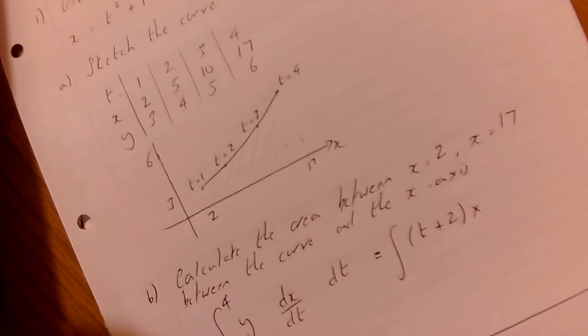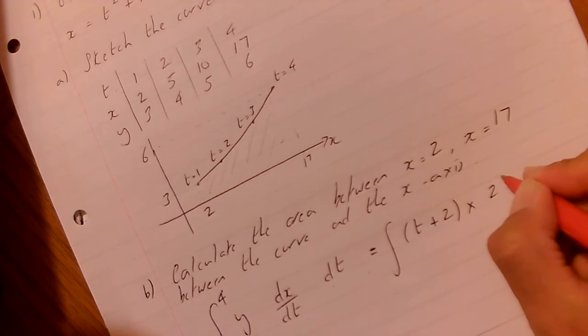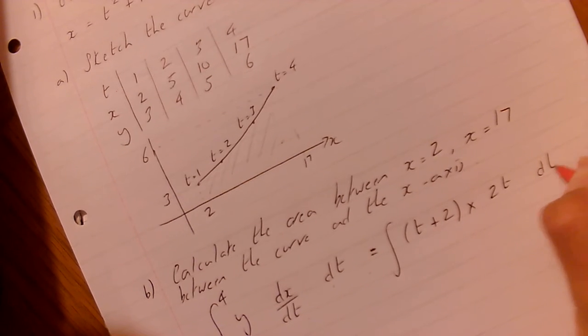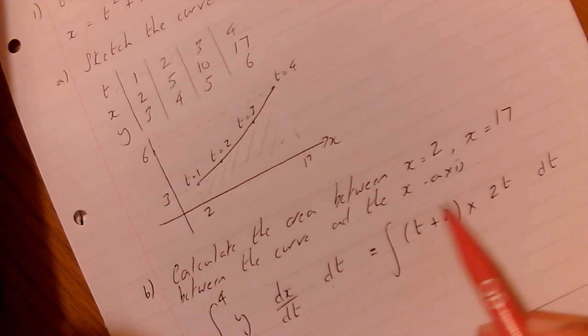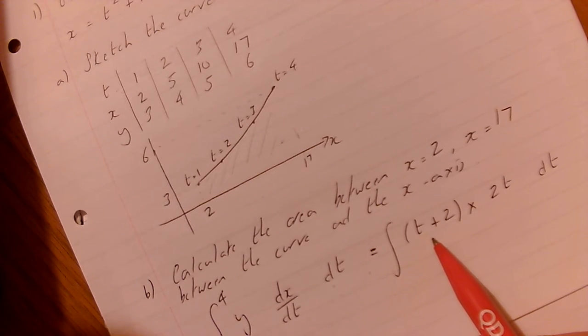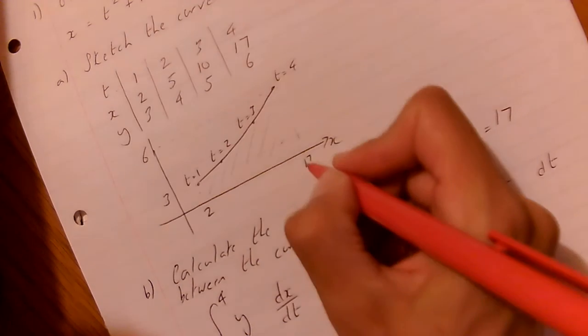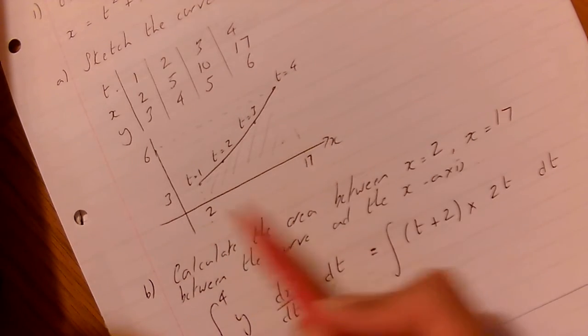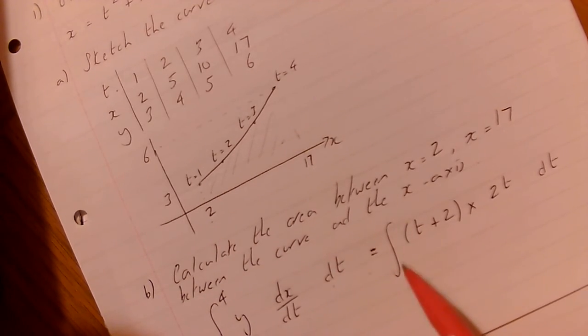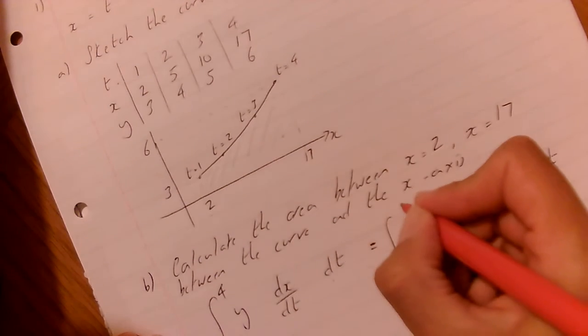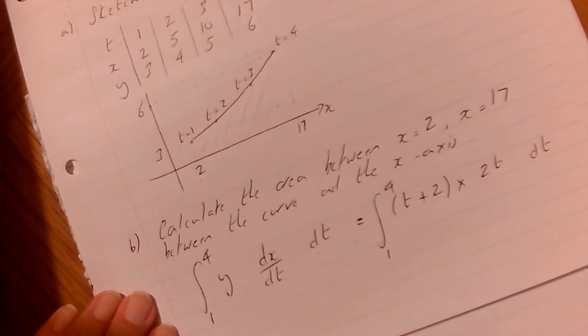So I've got to times this here by 2t, and then I'm integrating it according to t. As you can see, I've now got an equation that's only got the letter t in it. There's no point doing x equals 2 and x equals 17 as your limits. It's not going to work. So, multiply out the bracket.